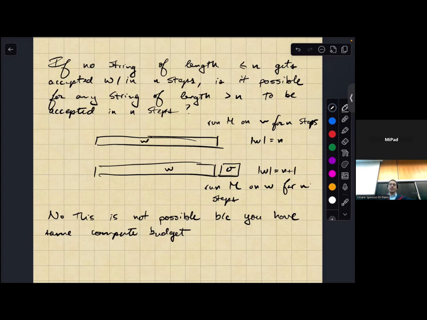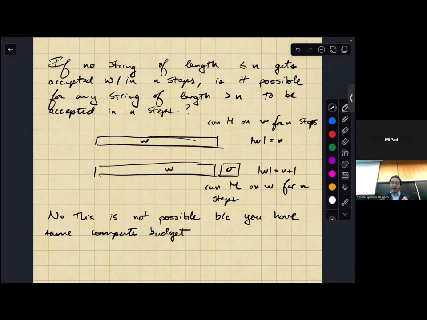Is that the question? That's a good question. There was another string x, for example, that was accepted in the 330 steps, but then doesn't that mean that it's possible?